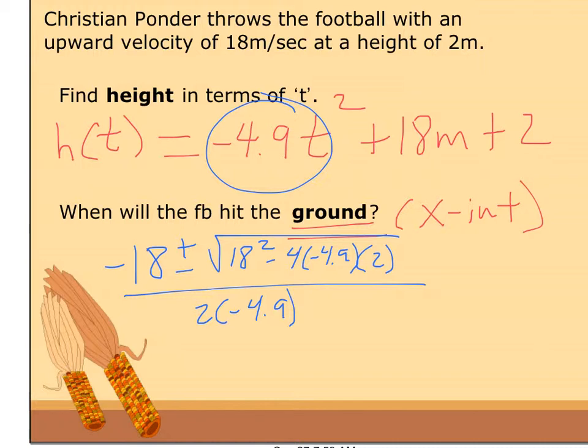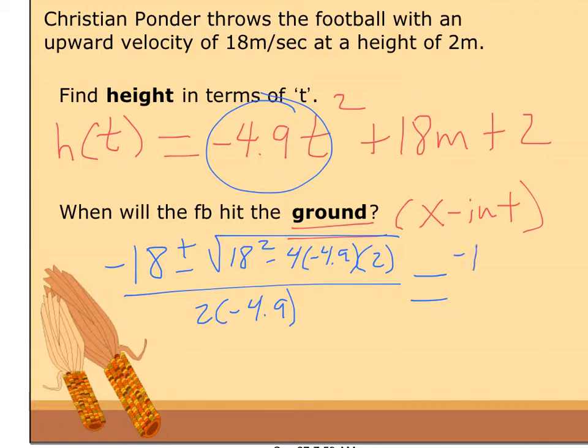We can simplify that down to 2 answers, and now we have some thinking to do because I'm pretty sure we just want one answer. When did the football hit the ground? How much time in seconds went by before the ball hit the ground? I want one answer, but this equation is going to yield 2 answers, which means one of them I want and the other I don't.